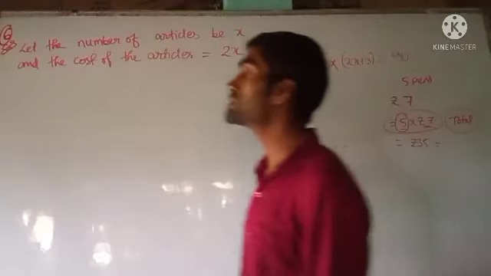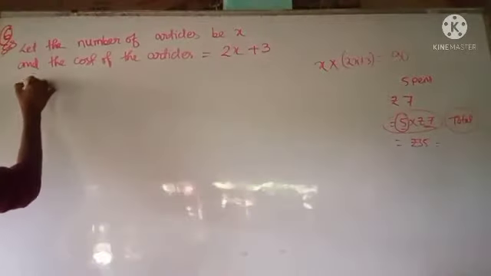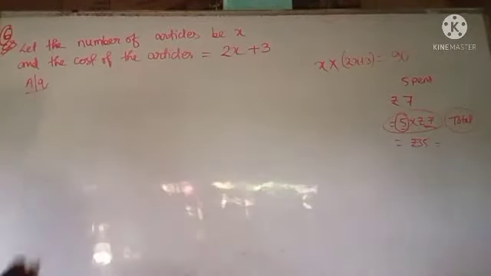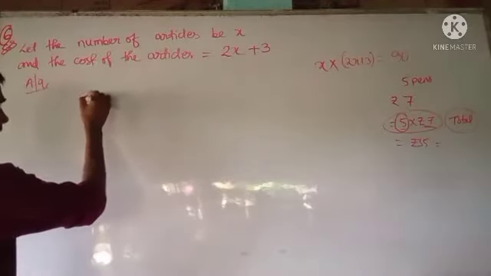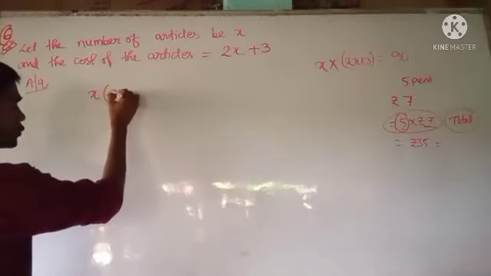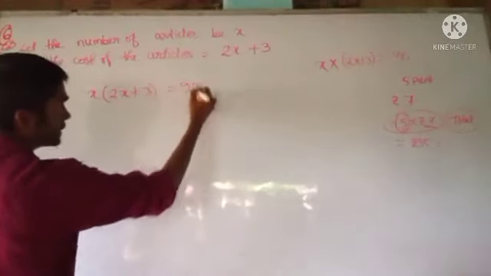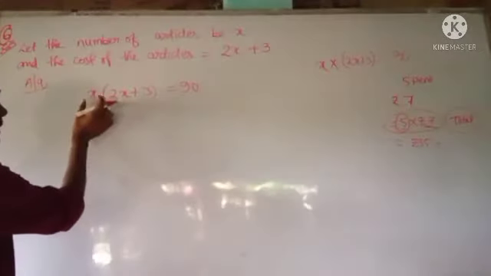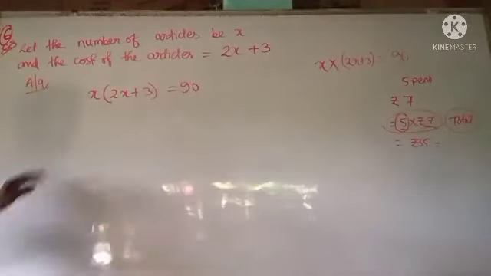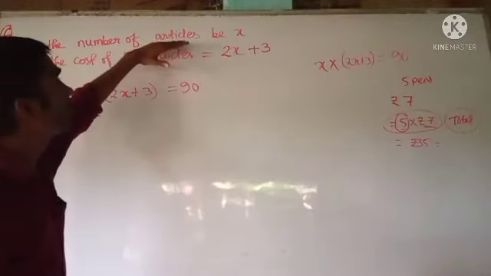So now we'll use this condition in order to find the value of x. So as per the condition, according to the question, x multiplied with 2x plus 3 is equal to 90. That means the cost of one pen multiplied with the number of pens. We don't know what the article is, so I am just saying about the pens.